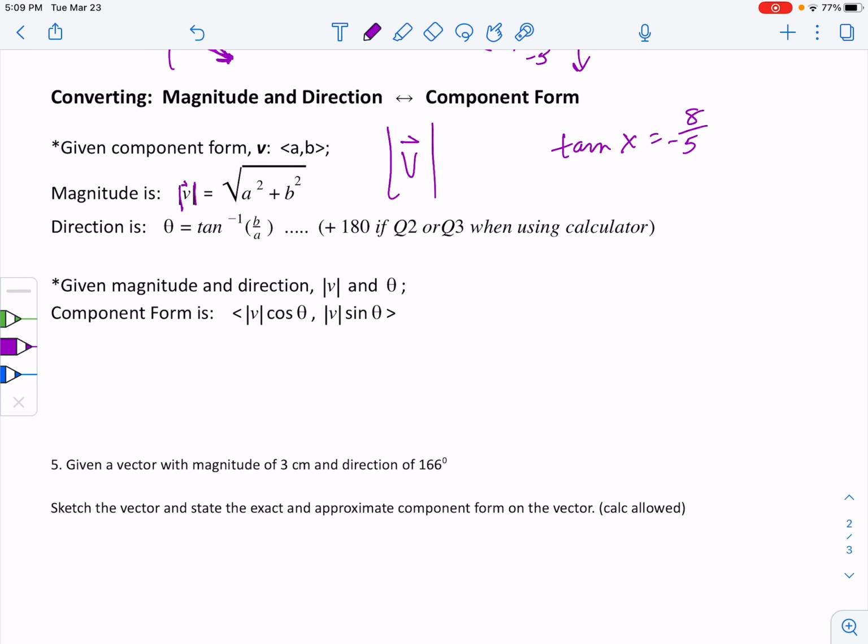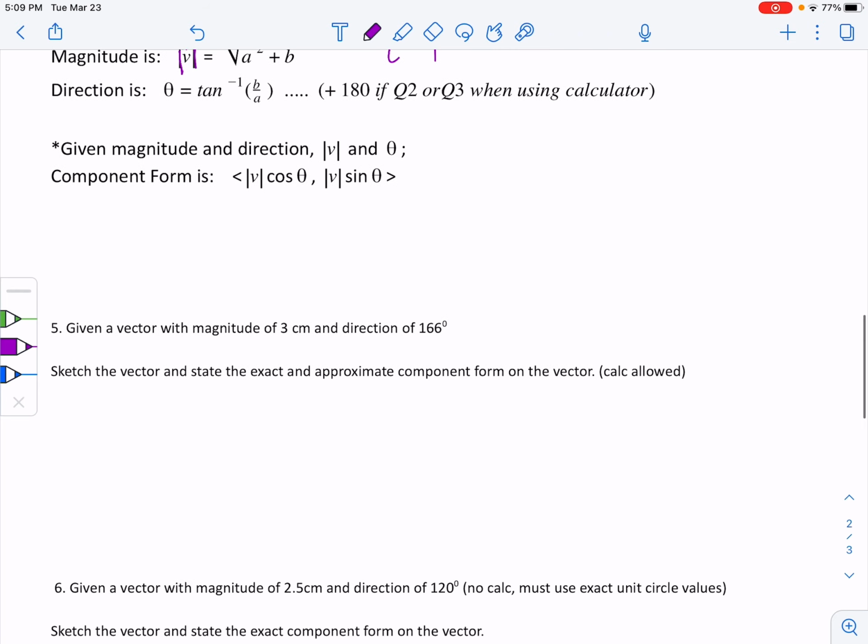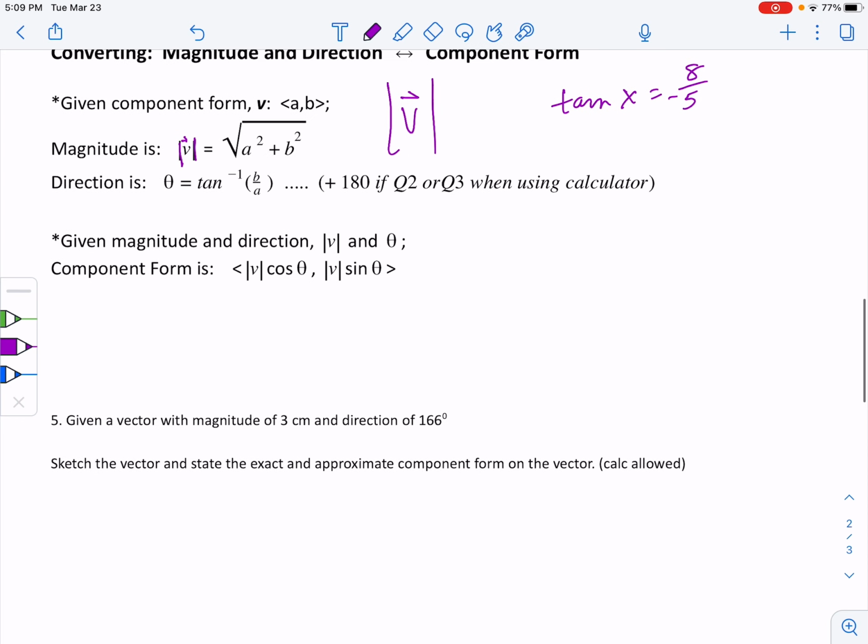Okay, so you're given the magnitude and direction. You want to find component form. All right, so here's the magnitude and the direction. Component form. You find the magnitude times the cosine and the magnitude times the sine.